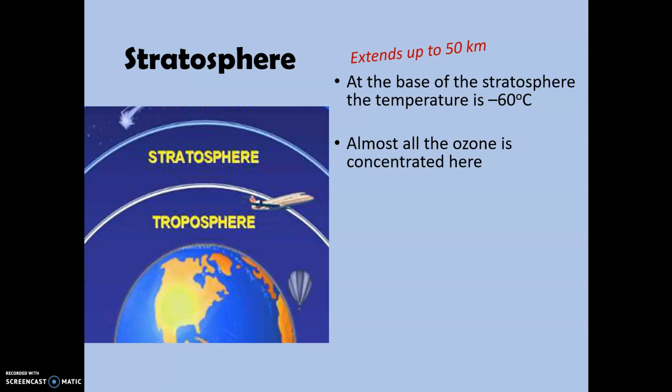Ozone is O3. In most of the layers of the atmosphere, light can work its way through. Ozone is one of the exceptions, actually being able to absorb certain wavelengths of light. This ozone layer absorbs UV light.